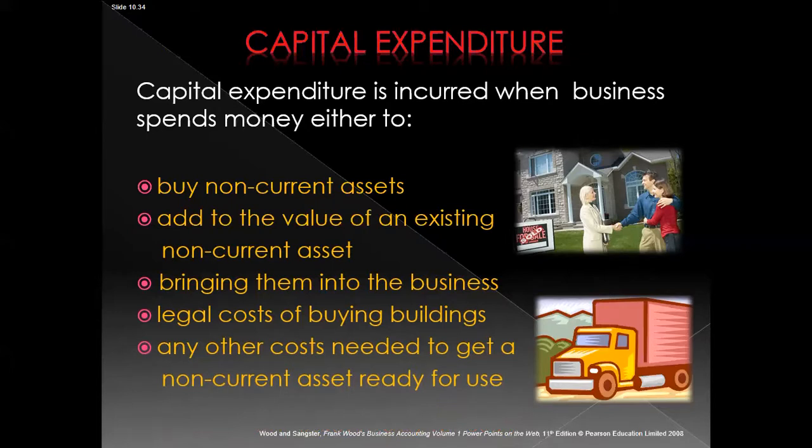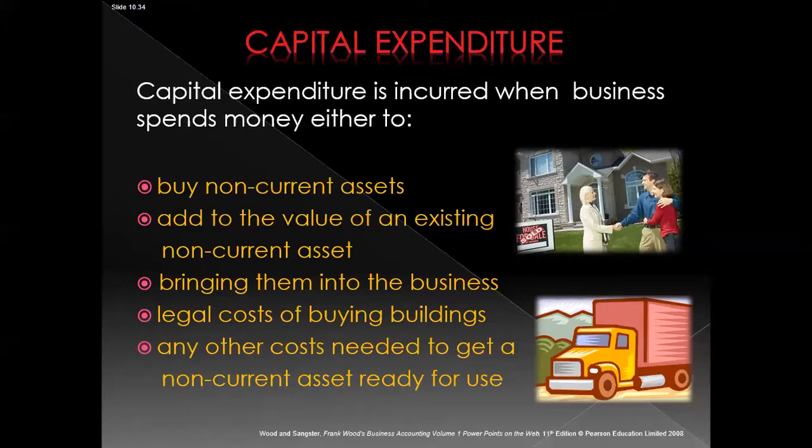So for example, when the business buys a house, the house needs renovation. It's an empty house. So the renovation cost is the cost added to the value of the house. That is also part of the capital expenditure.